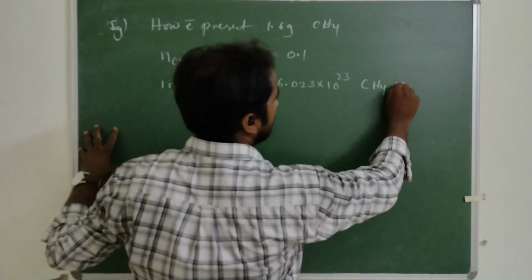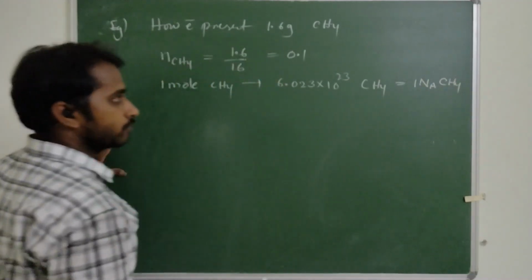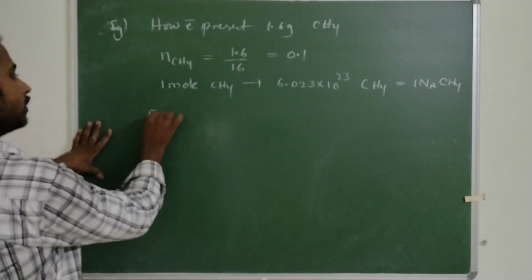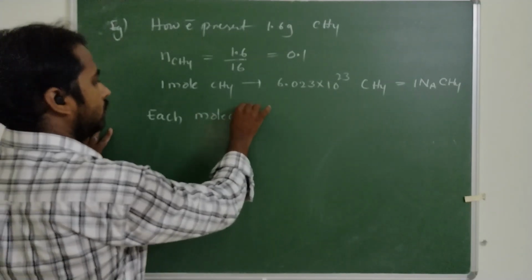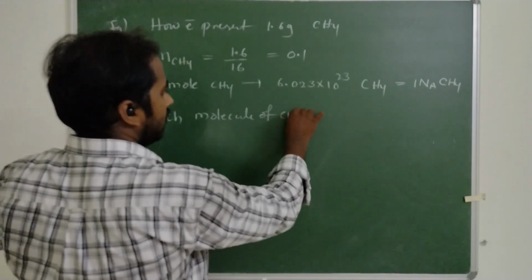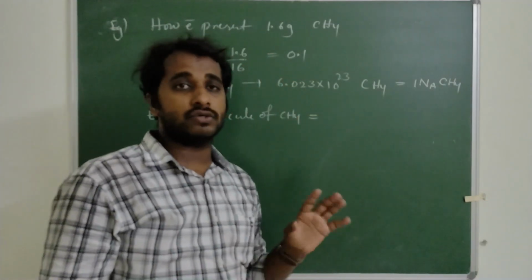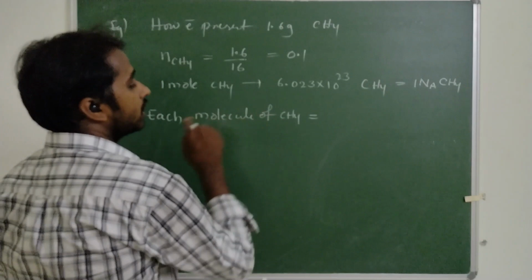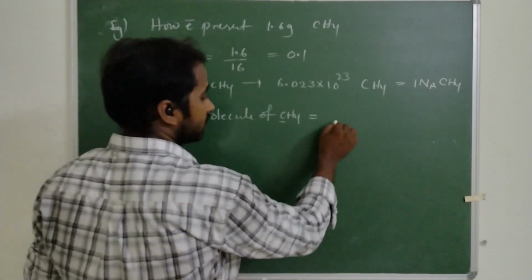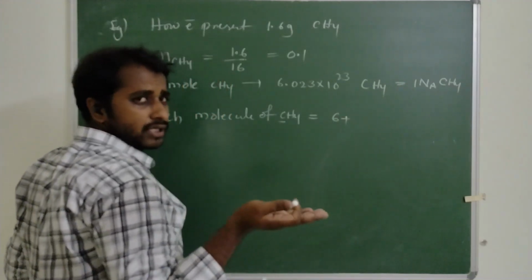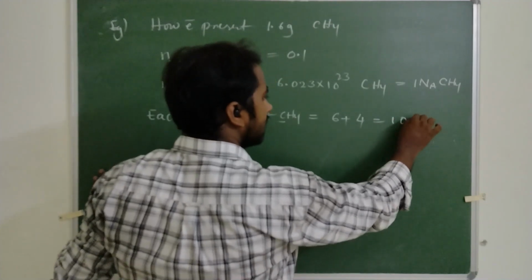So I can write 1 mole is Na CH4 molecules, right? Each molecule of CH4 has how many electrons, because they want electrons, not the number of moles. Carbon atomic number is 6, and atomic number is nothing but electrons. 4 hydrogen atoms are there, so 4. It is 10 electrons.